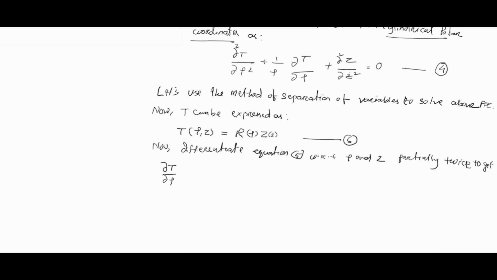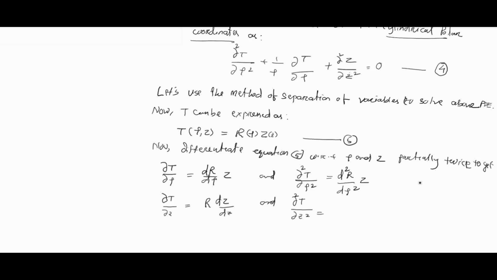Del T by del rho is equal to dR by d rho into Z, and del square T by del rho square is equal to d square R by d rho square into Z. Again, del T by del Z is equal to R dZ by dZ, and del square T by del Z square is equal to R d square Z by dZ square. Okay, now let us take this as equation number 6.